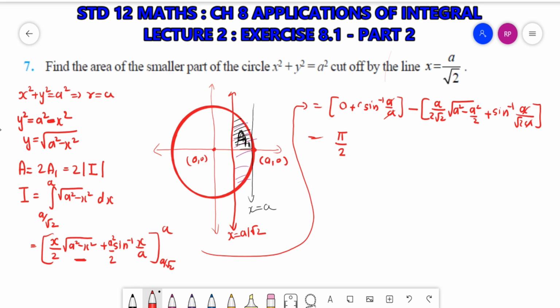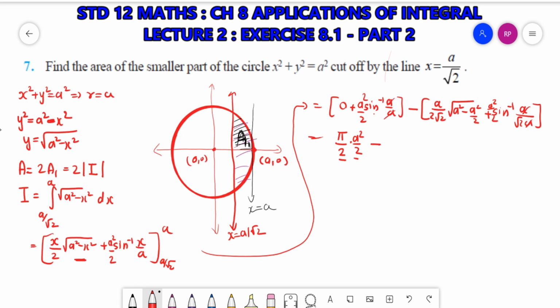Plus a square by 2, and here also a square by 2. So pi by 2 into a square by 2, because sine inverse a by a, that is sine inverse 1, that is pi by 2.